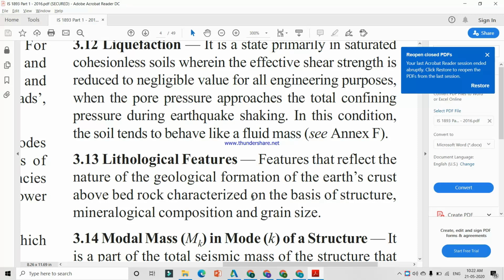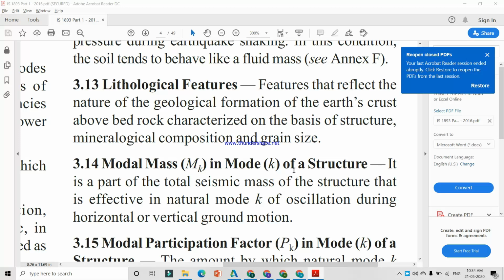Next is lithological features. These are the features that reflect the nature of the geological information of the earth's crust above the bedrock, characterized on the basis of structural and mineralogical components and grain size, also including color and structure.